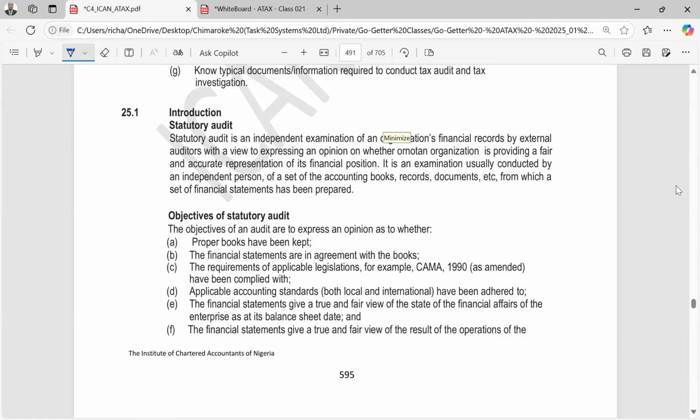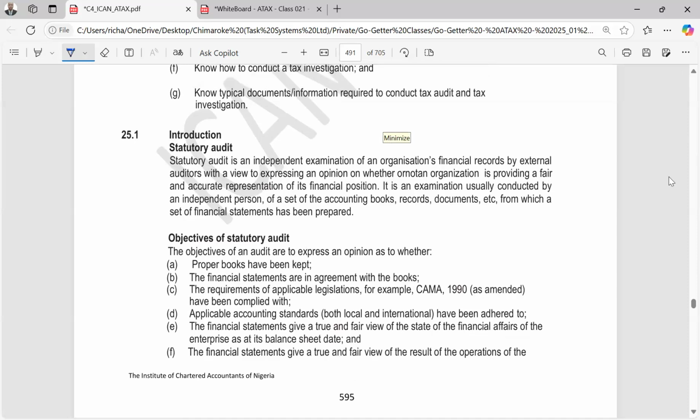When we say audits or statutory audits, we mean an independent examination of a company's or organization's financial record by an external auditor.